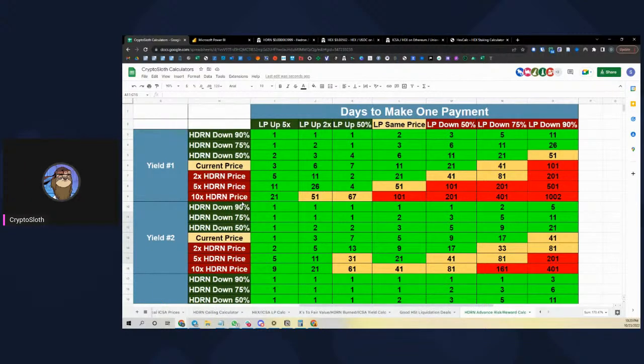So what this calculator does is it assesses the timeline by which you would be able to make a payment on the advance for a given yielding opportunity if you take that Hedron and use it to earn yield.